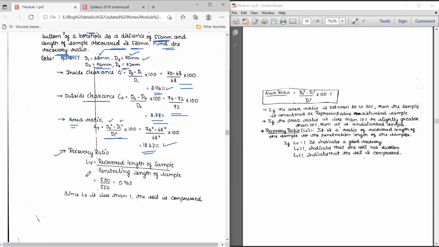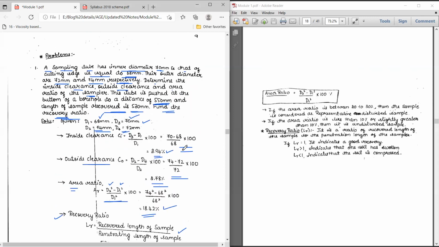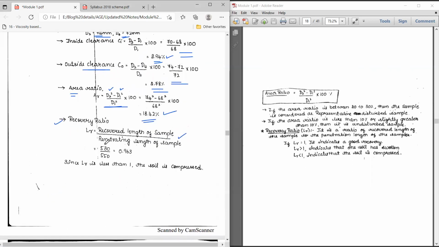The recovery ratio formula is equal to the recovered length of the sample divided by the penetrating length. In this problem, the penetrating length is 550 and the recovered length is 530. So substitute that 530, the recovered length, and the penetrating length 550. Therefore, the answer is how much? 0.963.